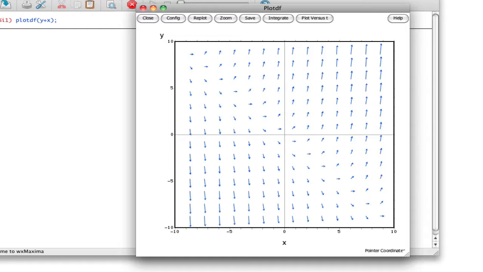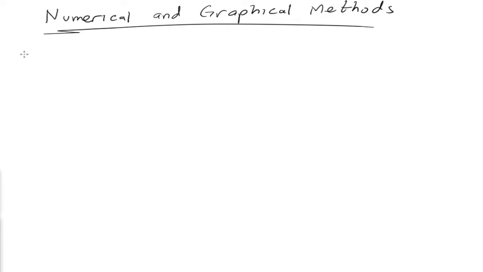But what you would do is say, for example, I want to know all the points where the slope, so this is the example, right? dy over dx is y plus x. I want to find all the points where the slope is equal to 0, for example.